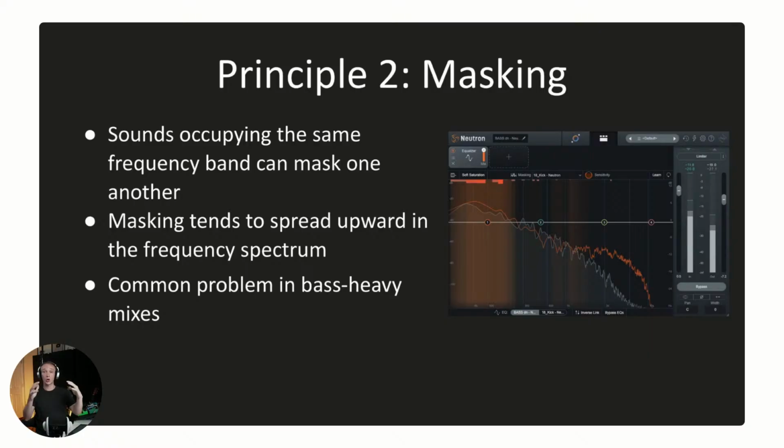If a guitar sounds a little bit muddy and you clear out some of that mud, you realize that there were high frequencies there that were being masked by the lower frequencies. It's a common problem in bass heavy mixes because, like I mentioned, masking tends to spread upward, meaning that lower frequencies tend to mask higher frequencies. So let's move on to a video about this, and we'll answer some questions once we return.